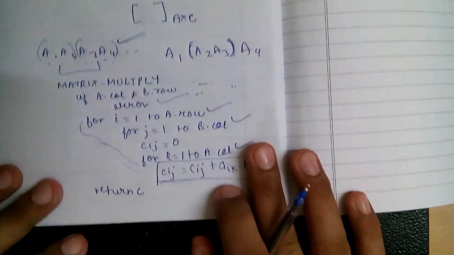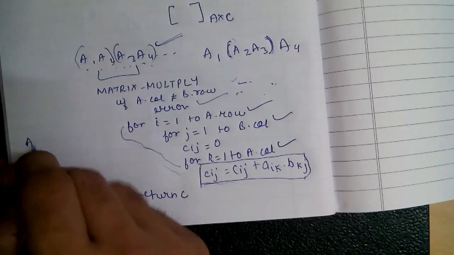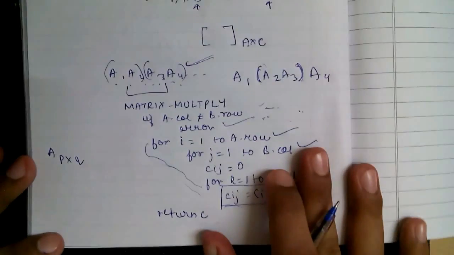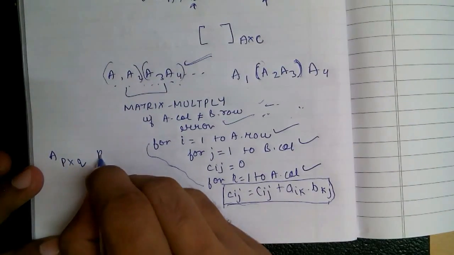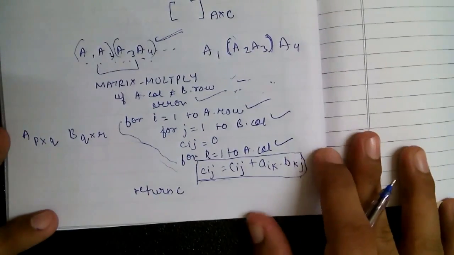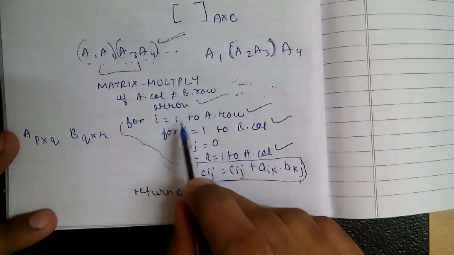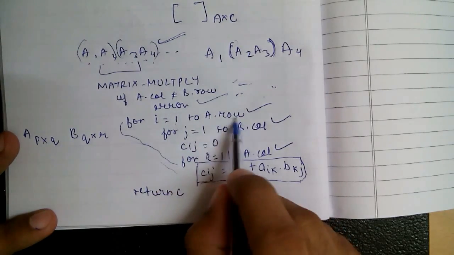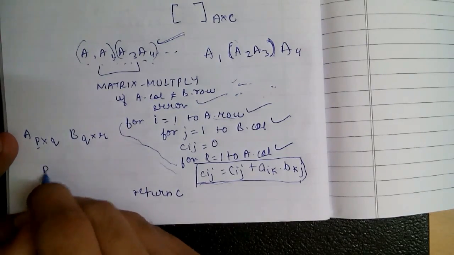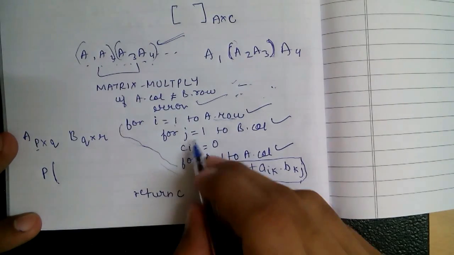Let's say our A matrix has P cross Q dimensions, and our B matrix has Q into R dimensions. Our first loop runs for the A rows, that is P, times whatever the inner loops are.